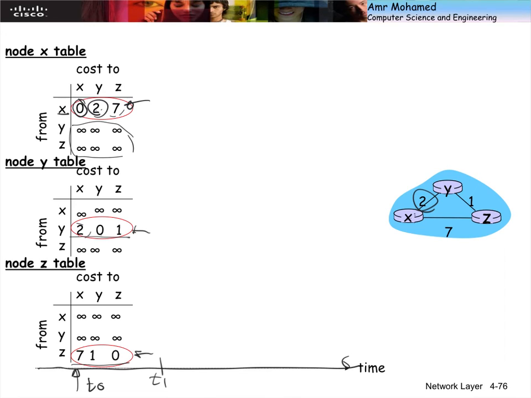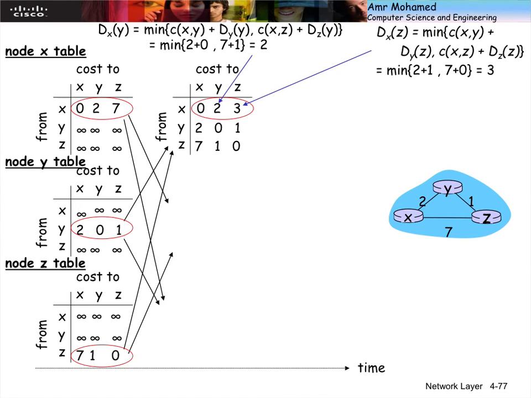But the cost to z بقى, this is the one that will probably change. So at time t1 بقى, we have the vector of distances from y and from z, and we have to calculate the new cost between x and all other nodes based on these vectors of distances. ماشي?